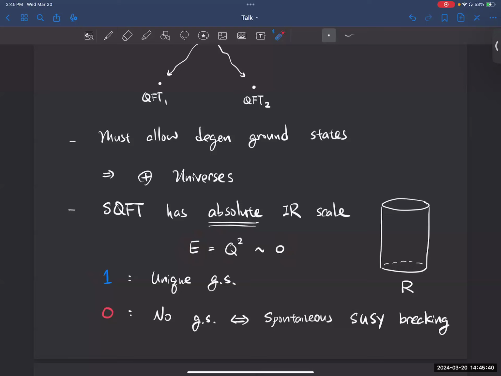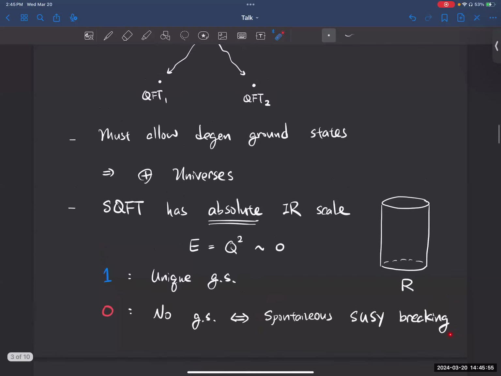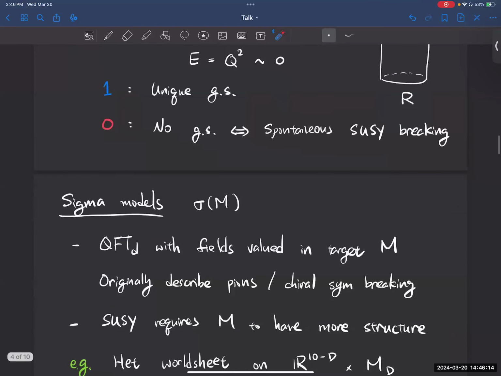So you can basically flow below the actual ground state you have, and then you have actually nothing. That's actually 0. And what this means is that essentially your theory is in a phase where SUSY is spontaneously broken. Because remember from our basic supersymmetric quantum field theory that supersymmetry is preserved if and only if the ground state has energy 0.